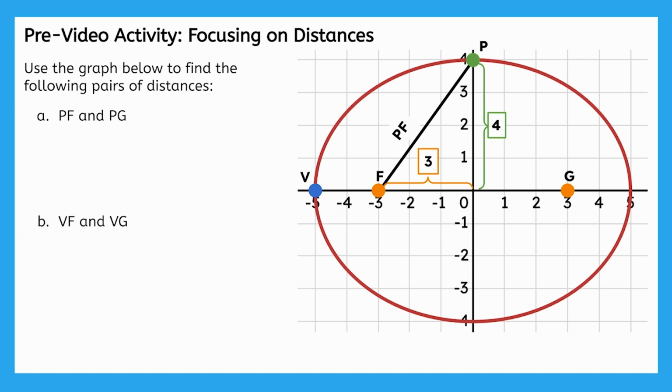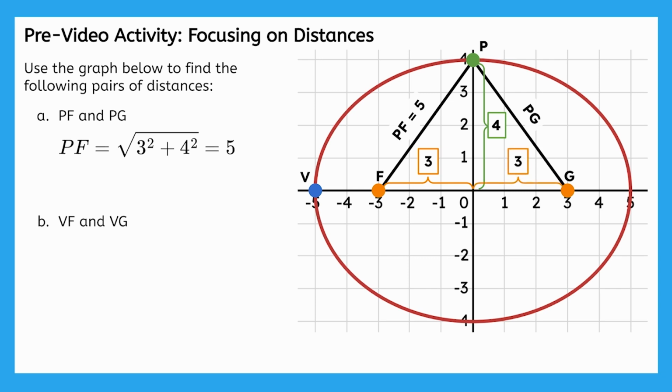Remember that the distance formula is just an application of the Pythagorean theorem, so if it's simpler to use the theorem directly, we can choose to do so instead of plugging the points in the formula. Using the Pythagorean theorem, we get that PF equals 5. Similarly, PG is also the hypotenuse of a right triangle with legs 3 and 4 units long. Therefore, PG equals 5 as well.